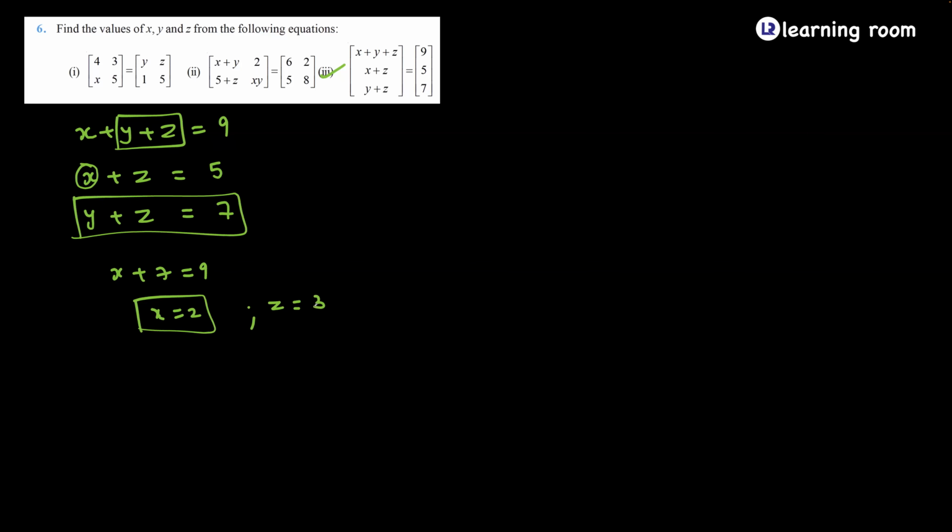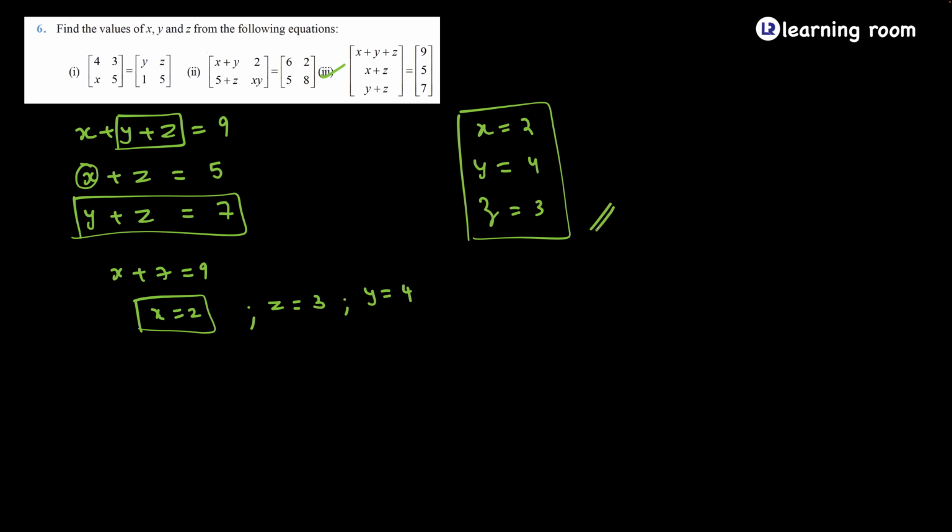When z is equal to 3, substitute it in the third equation. You will get y is equal to 4. So what is the answer? Answer will be x is equal to 2, y is equal to 4, and z is equal to 3. Clear? Shall I proceed?